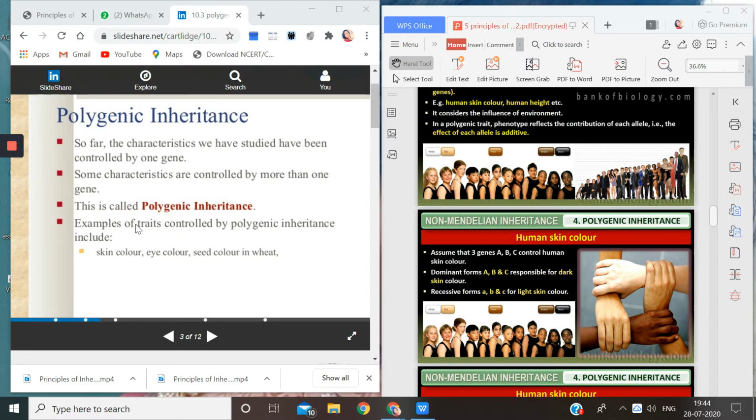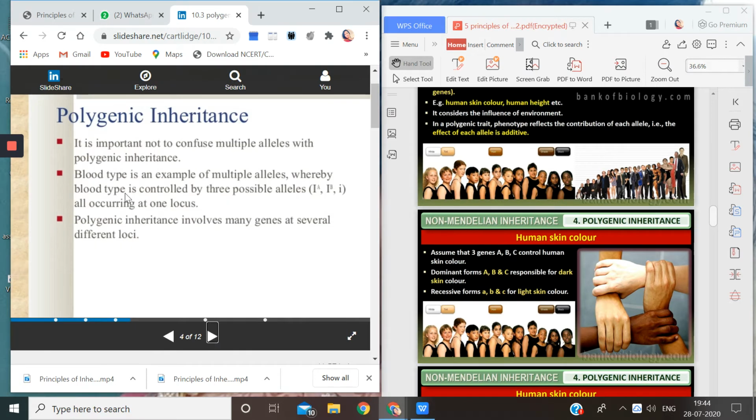Examples of polygenic inheritance are skin color, eye color, and seed color in wheat. We will discuss each one here in my video. Now, children, it is important not to confuse multiple alleles with polygenic inheritance.